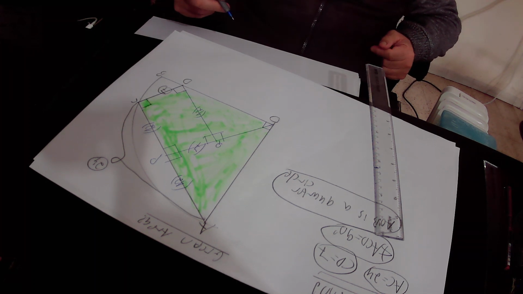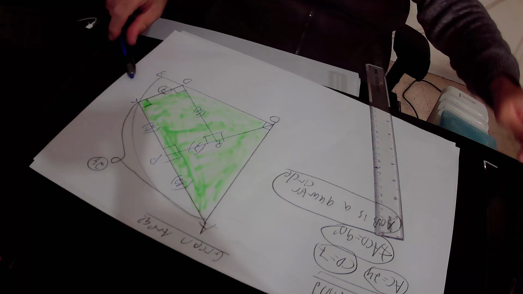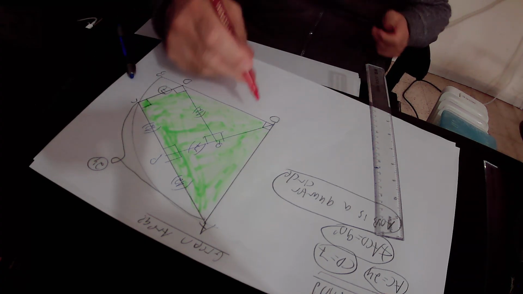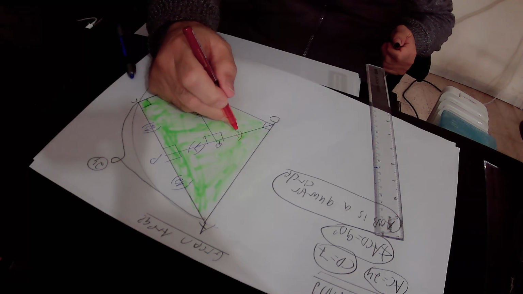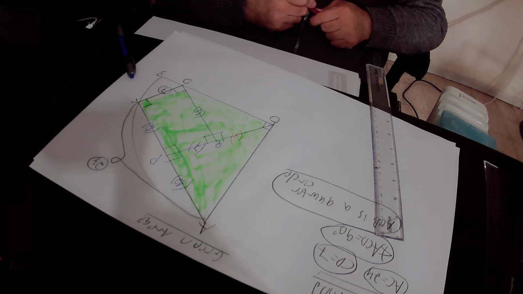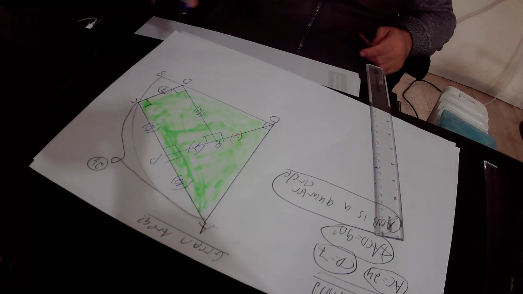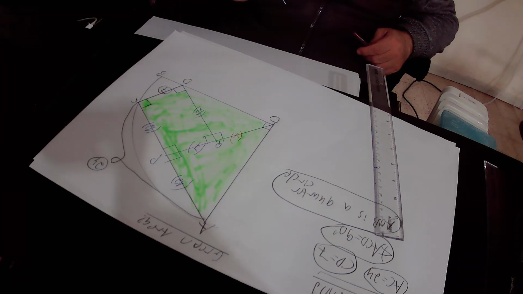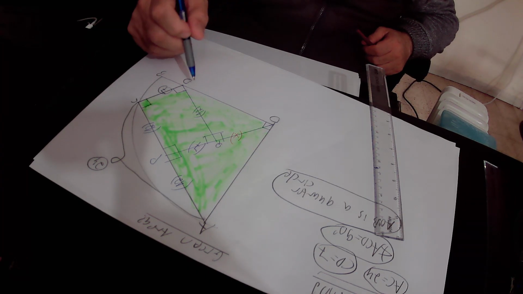In the next step, we will define the length of this line segment QO as X. And we will focus on the right triangle OQD. In this right triangle OQD, we define angle ODQ as alpha.